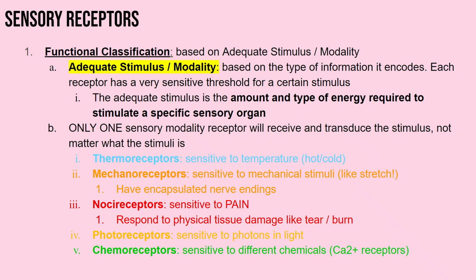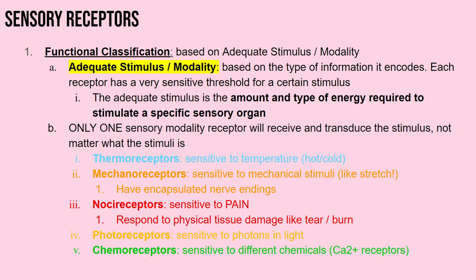So there are 5 different functional classifications that are listed on this slide. And something else important to note is that each sensory receptor can only register information from one of these functional classifications.